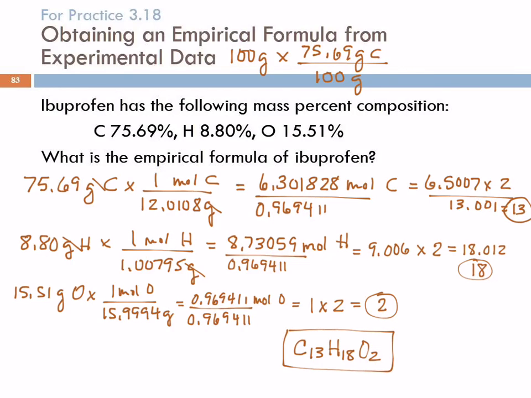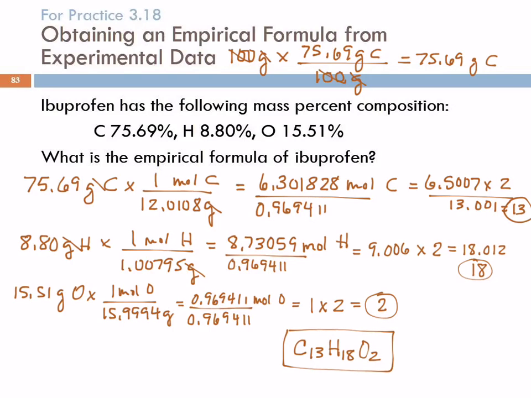And so when we multiply, not only do the grams of ibuprofen cancel out, the hundreds cancel out. And so in that sample of 100 grams, we do have 75.69 grams of carbon. So by choosing a 100-gram sample, you can do that.